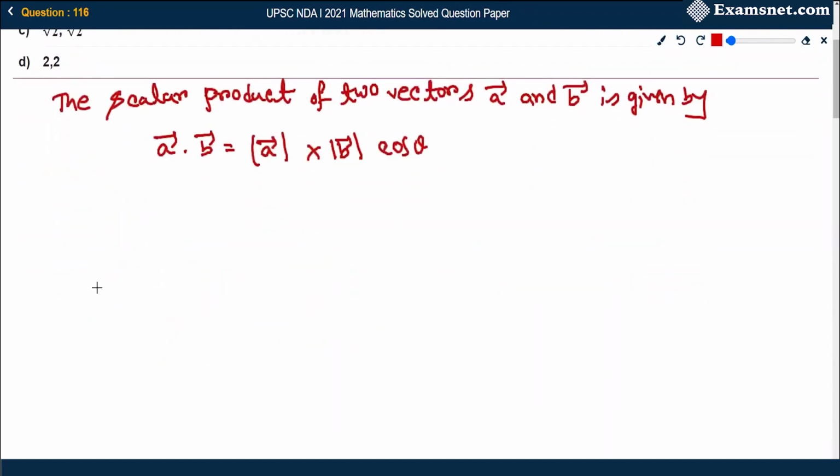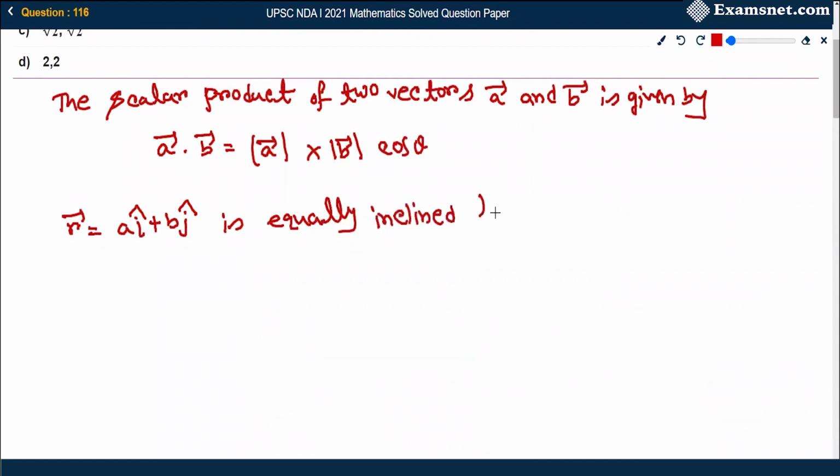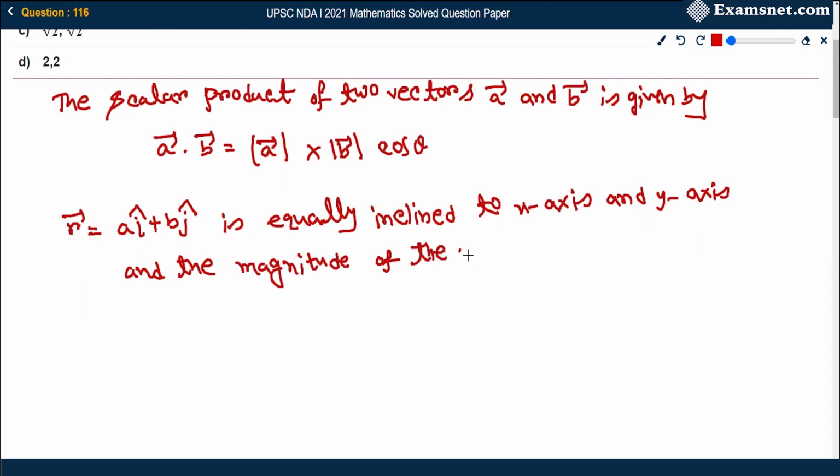Okay, so here the given vector R equals a i cap plus b j cap is equally inclined to X axis and Y axis, and the magnitude of the vector is 2 units.